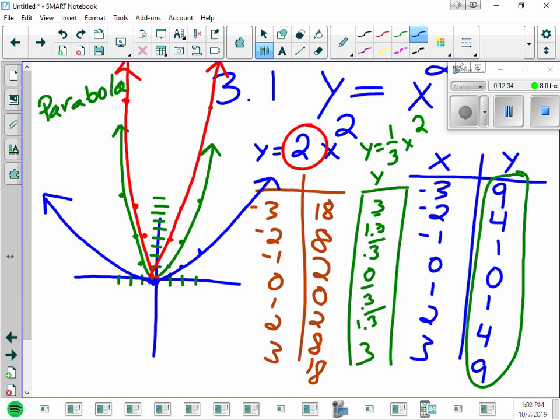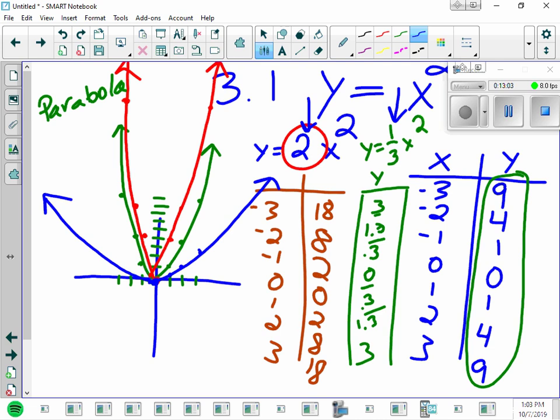Now, I'm not going to be terribly technical on exactly if these graphs look correct. All you need to know is this one's taller, and you might say it's a little bit taller, or it's really, really tall, or it's shorter. And anytime you multiply by a number that is bigger than 1, you're going to make the graph taller. Anytime you multiply by a number that is less than 1, you're going to make the graph shorter.